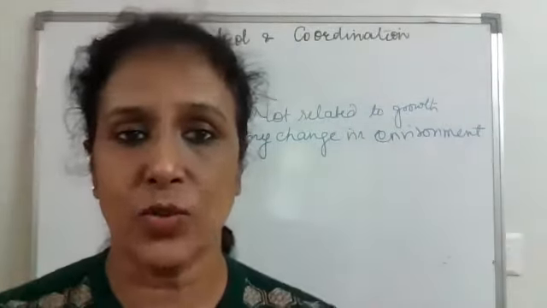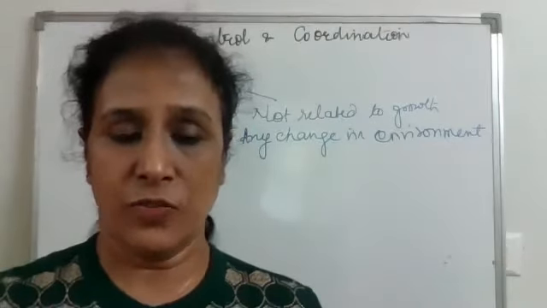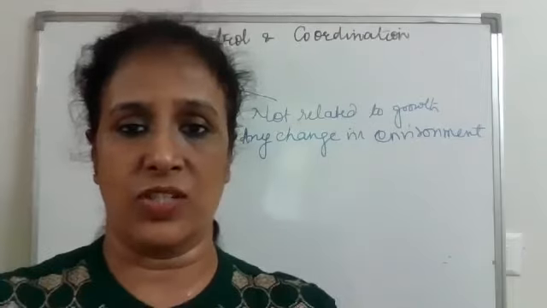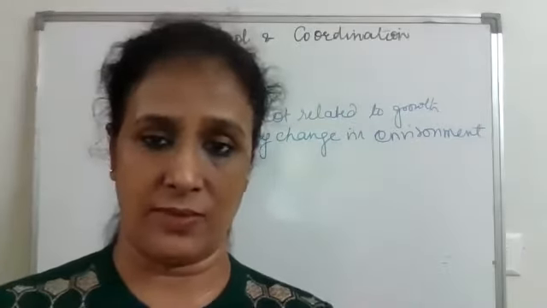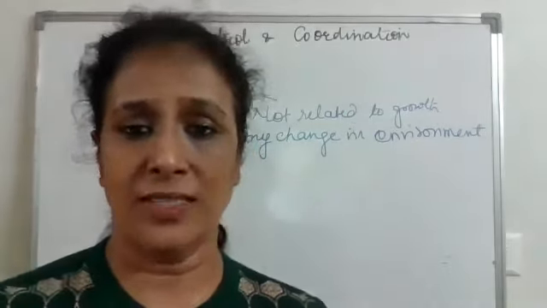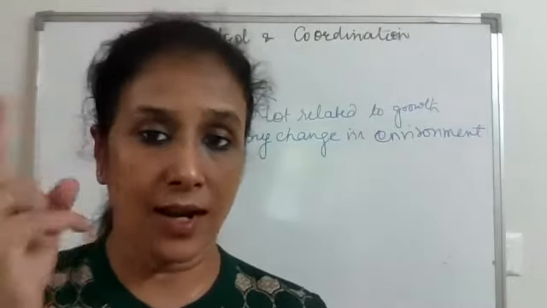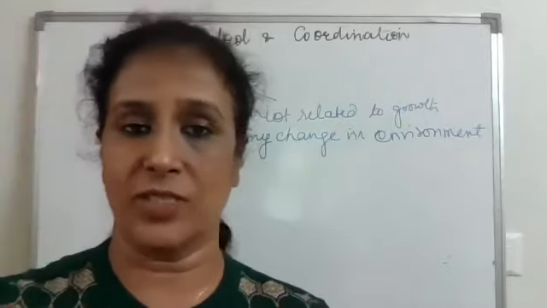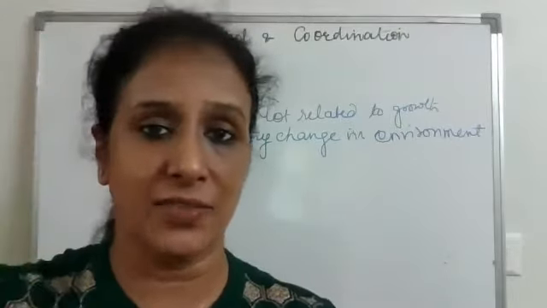Now who is controlling that movement? For example, say we face a scary situation and we start running away from it. Now just think of the organs which are involved in it. Our eyes first of all observe that particular situation. Our ears receive the sound.